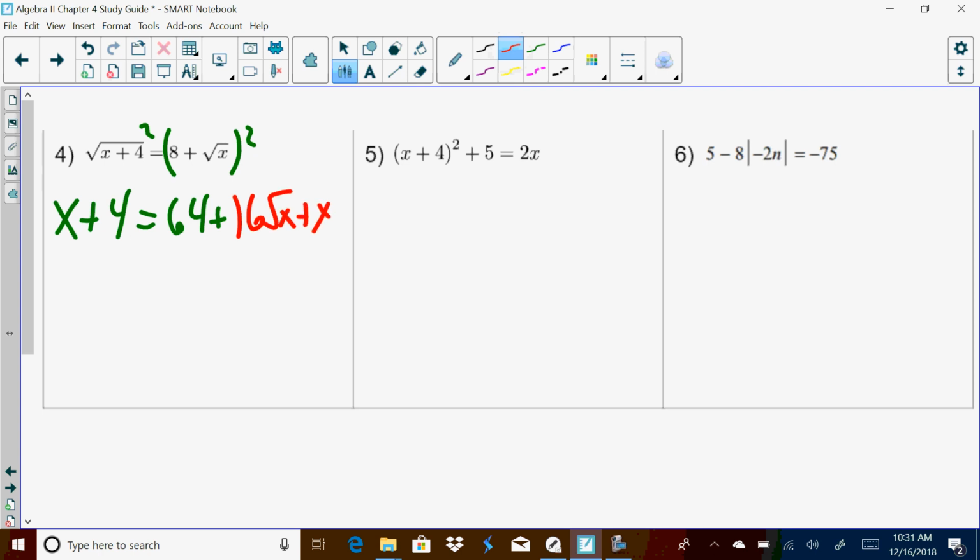At that point I realized, okay, I have a square root in the middle. I'm not going to know how to solve that, so then I graphed them in Desmos, and it turns out that there's no solution.